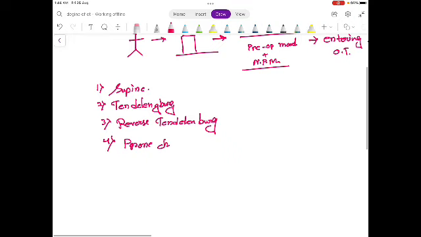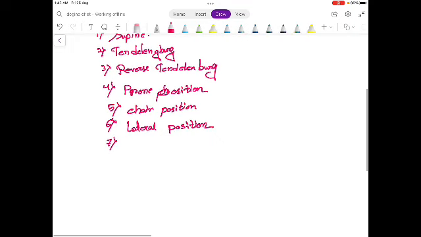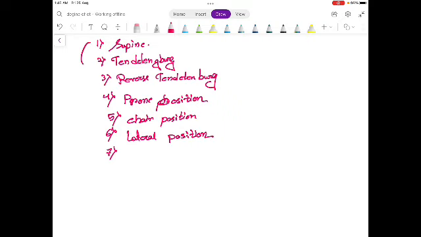Then it's the prone position. Then comes chair position. Then comes lateral position.